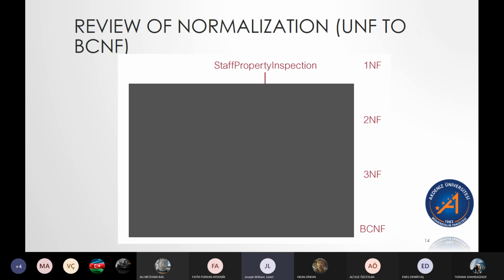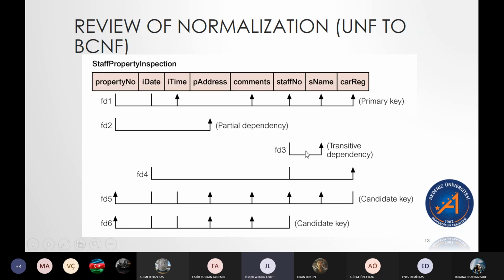What do you think? What's the first thing we got to do? I will go back one slide to show you all of our functional dependencies here. Right, so we need to get rid of partial dependencies. Do we have any partial dependencies?